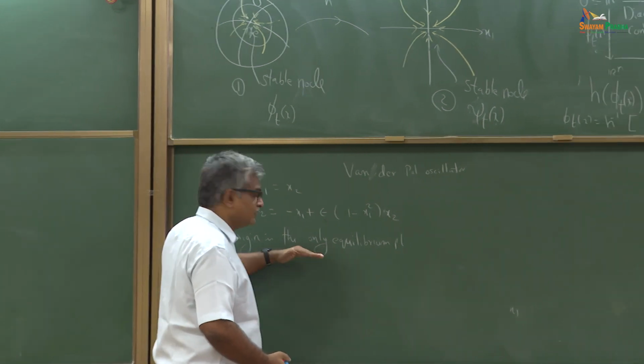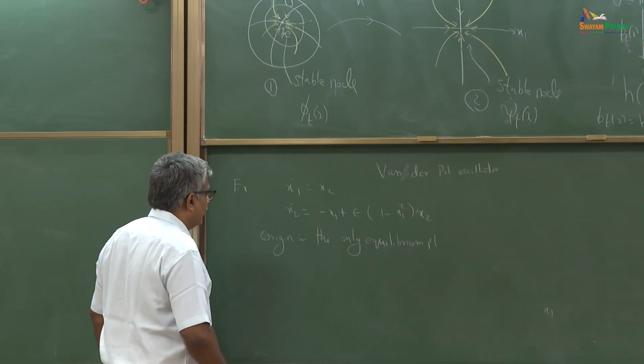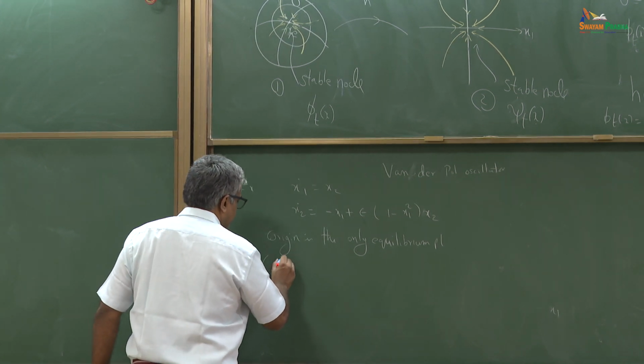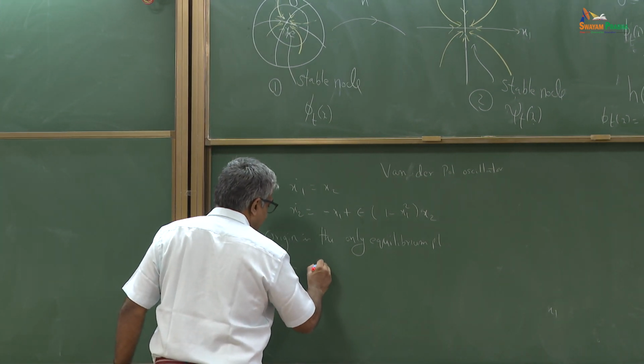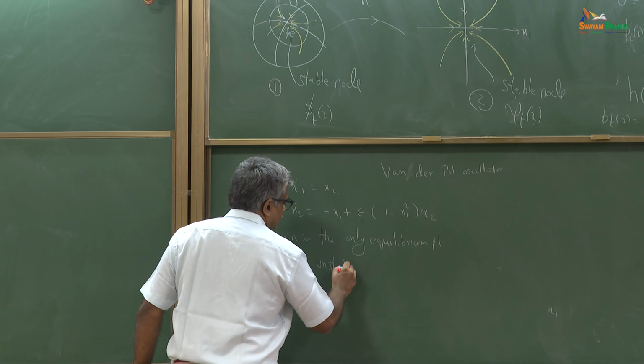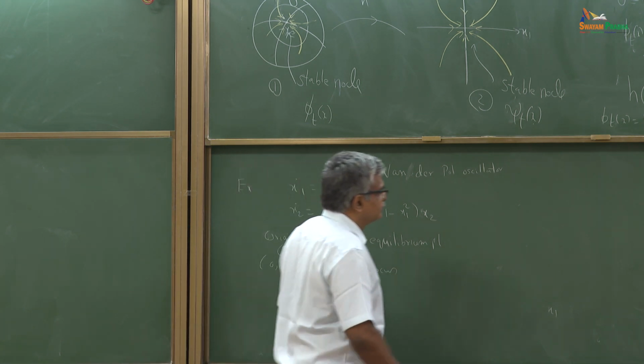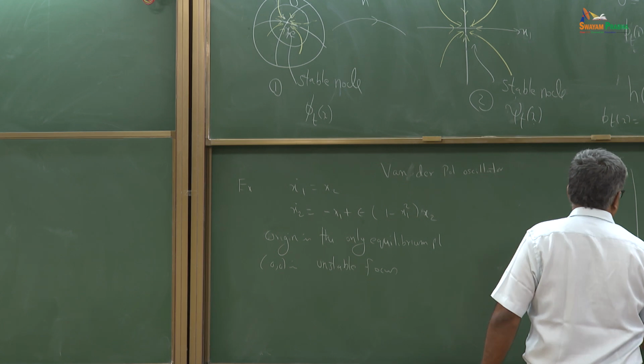So let us analyze this. The system has only one equilibrium point, and if you do the linearization, this origin is an unstable focus. Okay, and the phase portrait looks something like that.